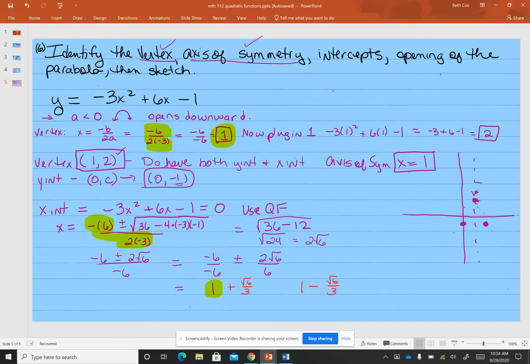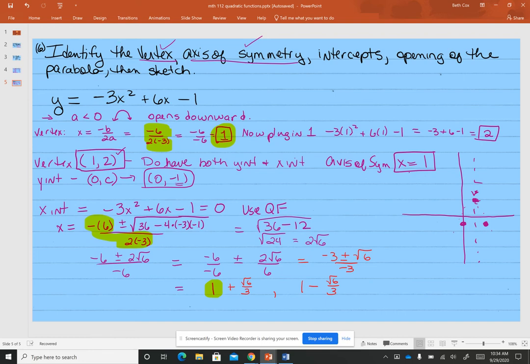Or you can look at this as -3 plus or minus the square root of 6 over 3. Anyway, but this is a decimal. So as a decimal, to graph it, I've got to type this in.